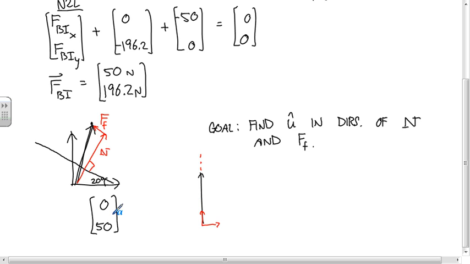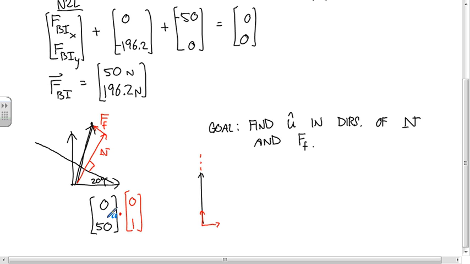So what do you have to dot this with to get an answer of 50 for the projection? You have to dot this with a unit vector in that direction. If you dot it with anything besides a unit vector, you're not getting a projection. You're getting a projection times something else.